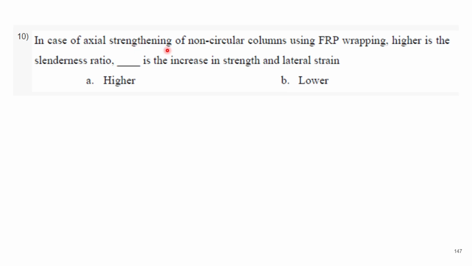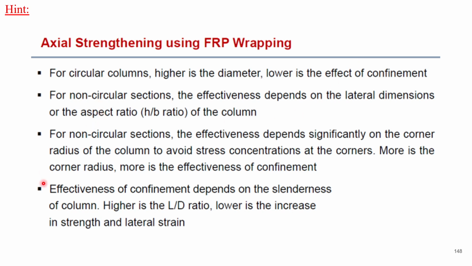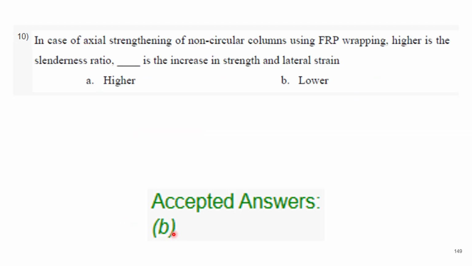That is also written here: effectiveness of confinement depends on the slenderness of the column also. The higher the L by D ratio, the lower the increase in strength, and lower also the lateral strain. So B, lower, is the correct option.